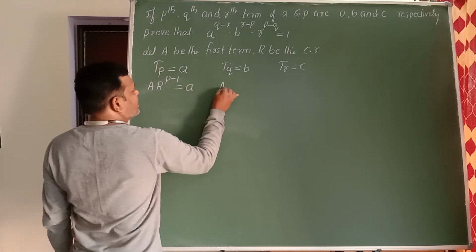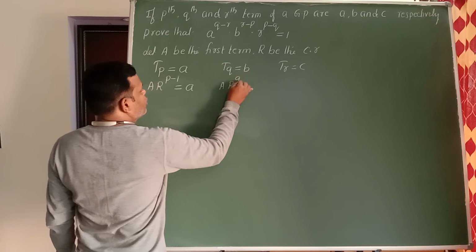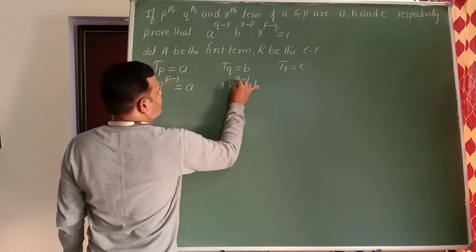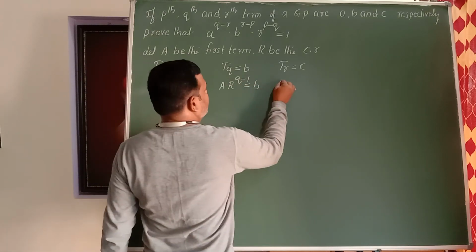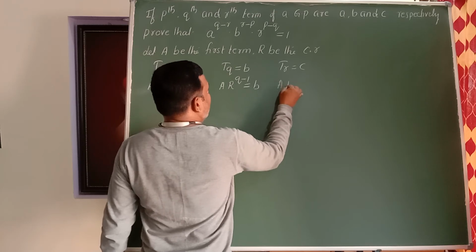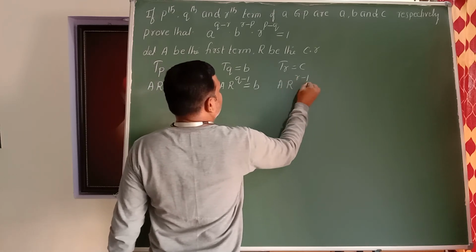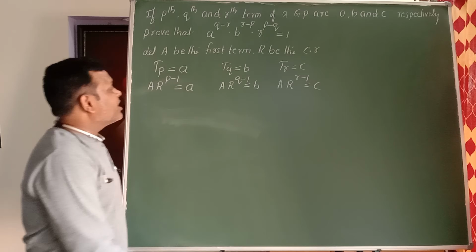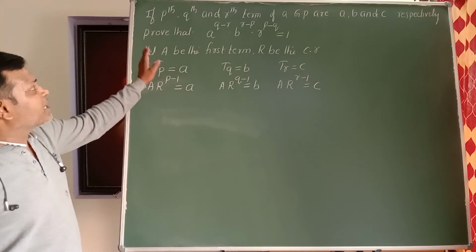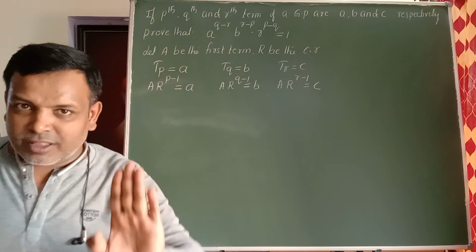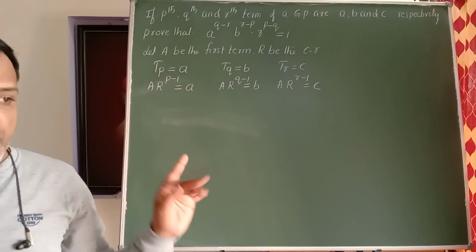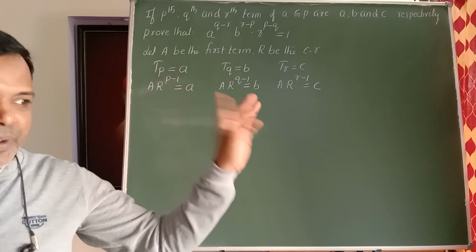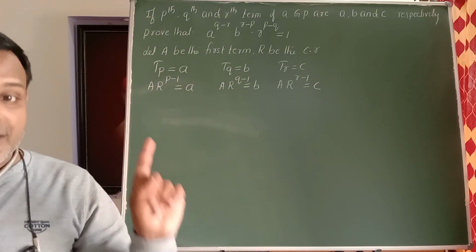The qth term can be taken as A R power Q minus 1 is equal to b. And the rth term is A R power R minus 1 is equal to c. These come from the data they have given, right? The pth term is TP, that is a. The qth term is TQ, that is b. The rth term is TR, that is c.